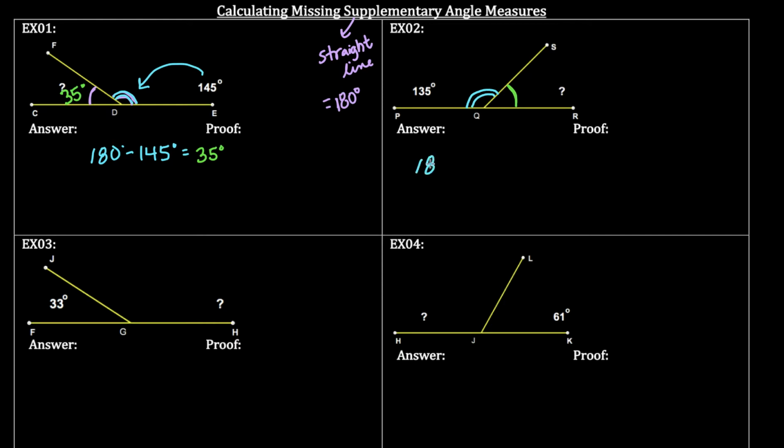So I'll take 180 and take away this 135, and I get 45 degrees. Let's not forget our little degree symbols. So this angle here is 45 degrees.